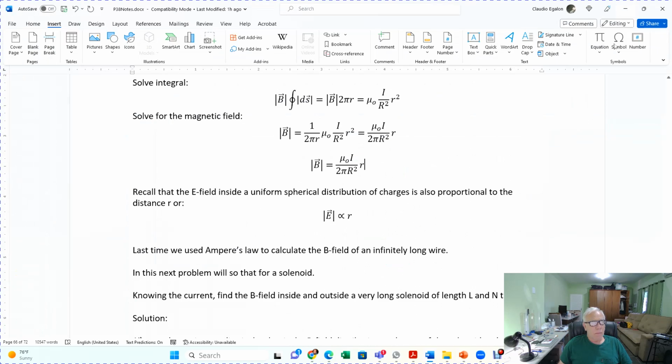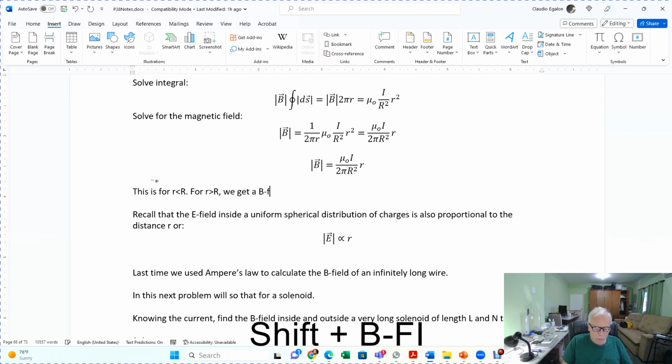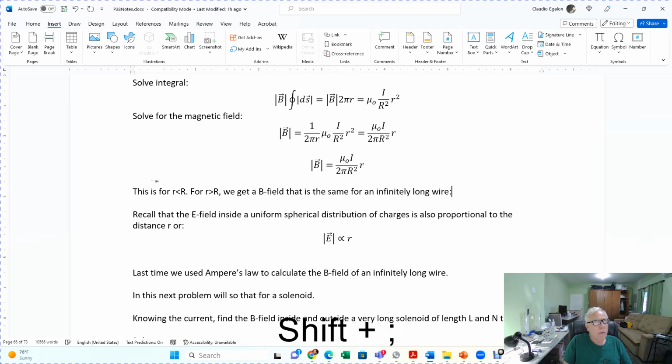So you can write that down here. This is for r less than big R. For r greater than big R, we get a B field that is the same as for an infinitely long wire.